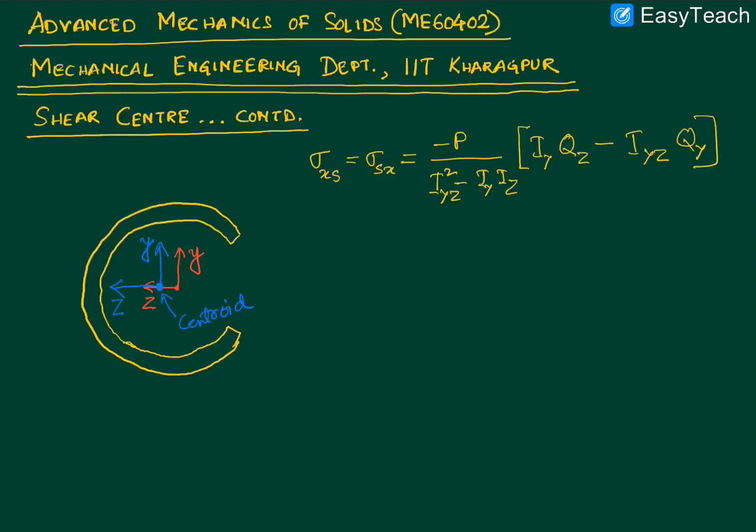We know that the Iyz expression is the integration over the entire area of y times z times dA. Because for every element which is above the z-axis, there will be a certain value of y, and there will be a counterpart element below the z-axis which would have a location denoted by minus y.